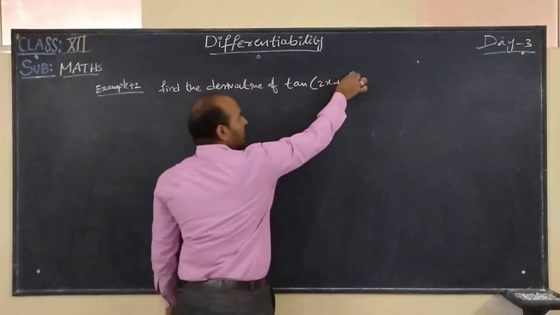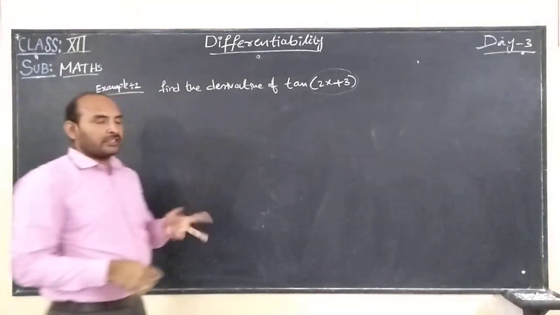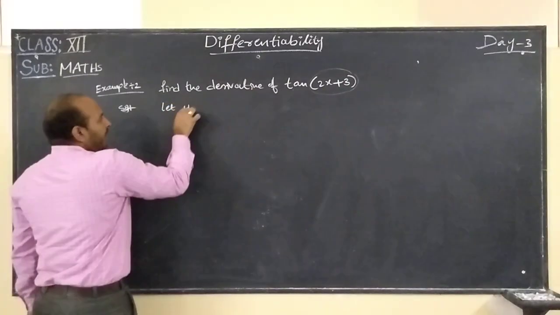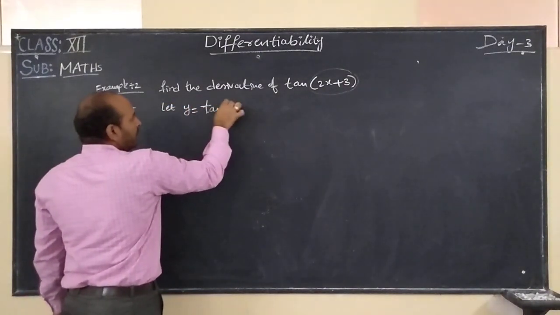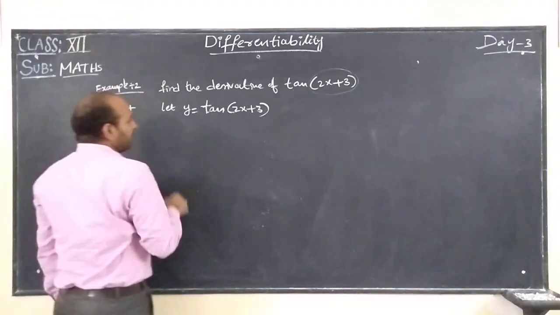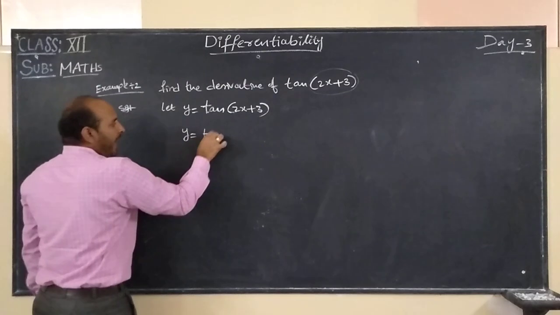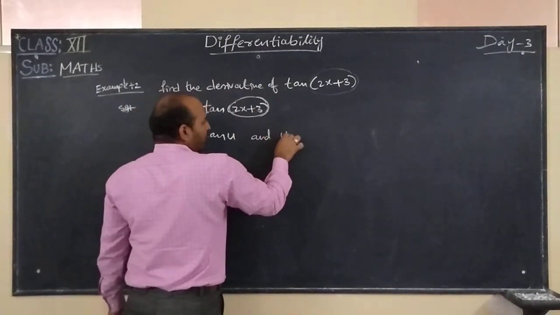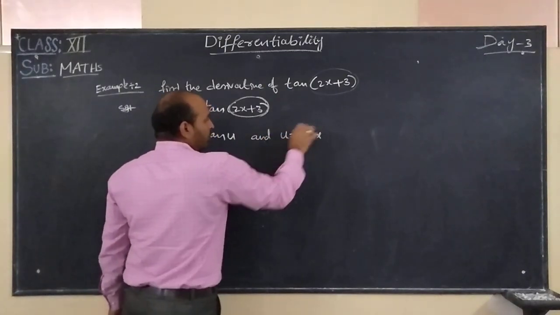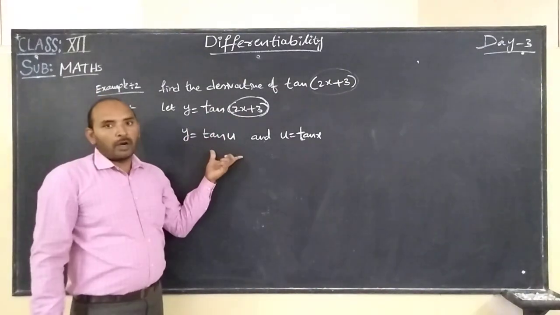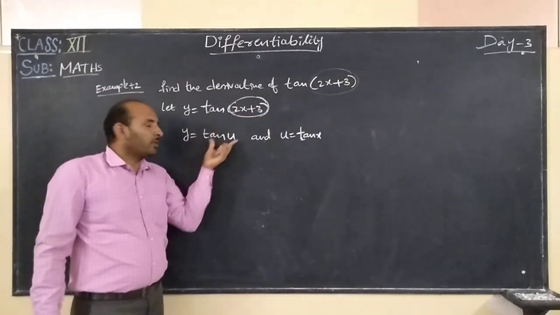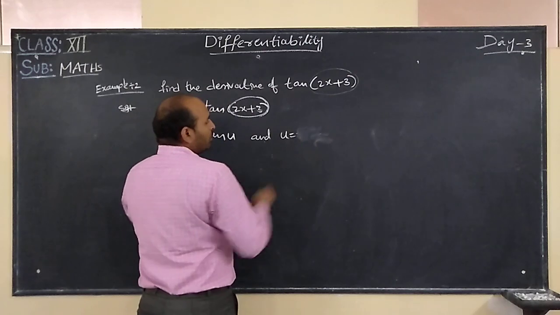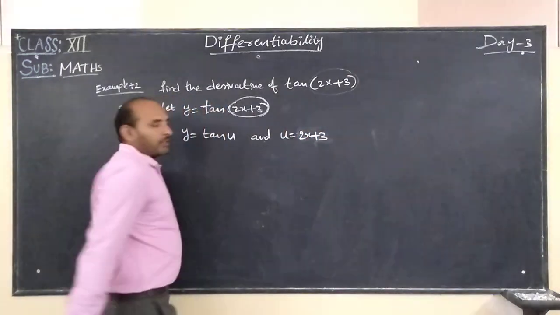This is the function. I am doing two procedures. In the first procedure, let y is equal to tan of 2x plus 3, nothing but tan u, where u is equal to 2x plus 3. These are composite functions: y equal to tan u, and u is equal to 2x plus 3.